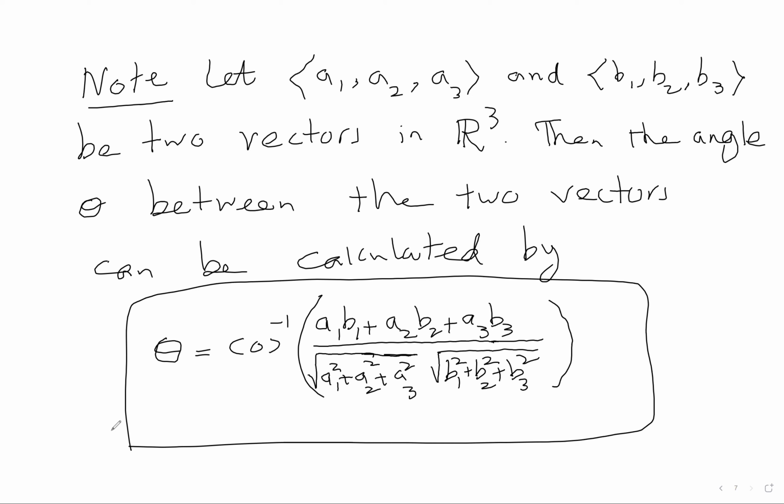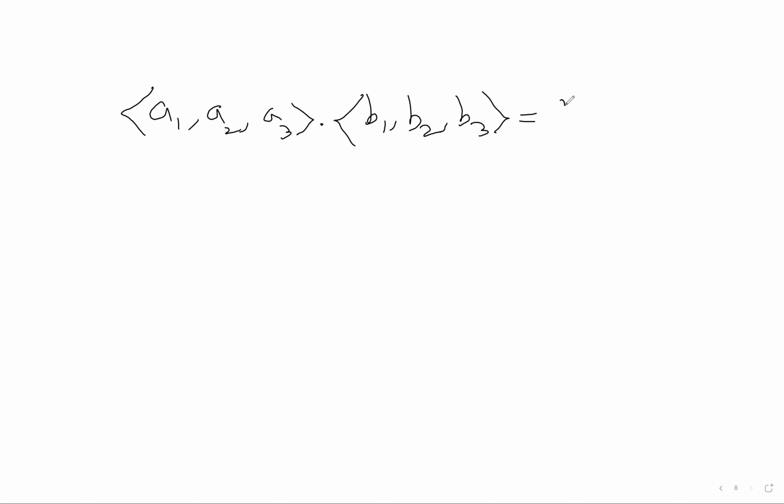Again, let me explain why this formula is valid. The explanation will be on the next slide. The reason is I obtained the dot product in two different ways. One way is from the very first slide of this video, where we defined the dot product by this calculation: A1 B1 plus A2 B2 plus A3 B3.